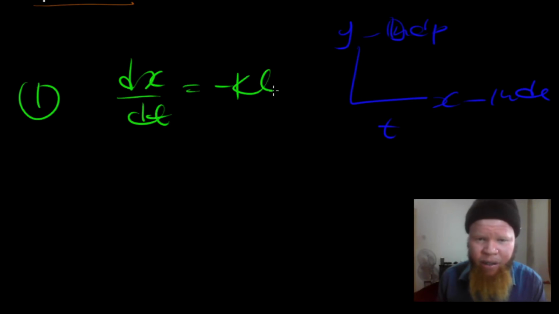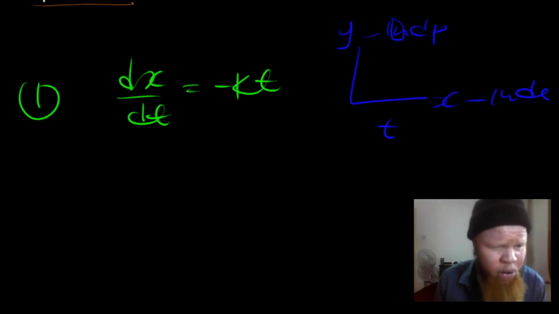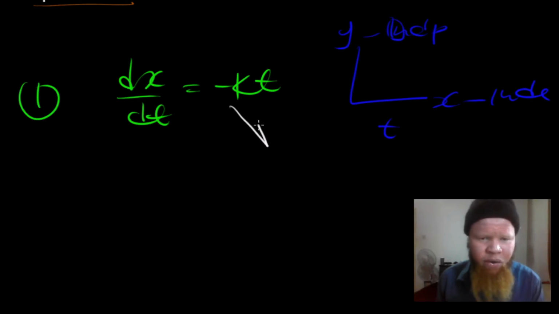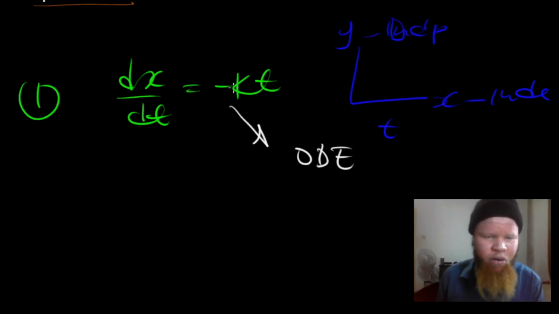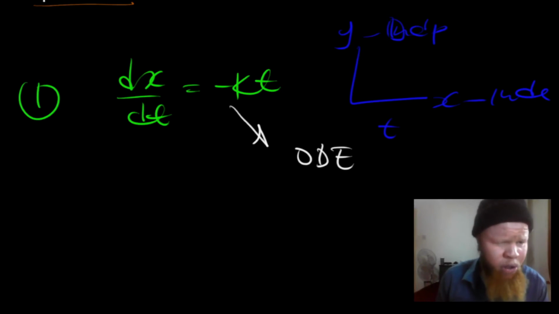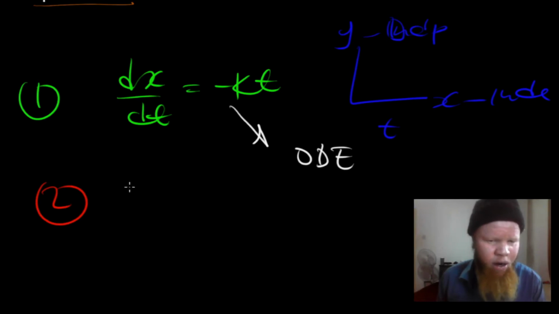This is an example of an ordinary differential equation because we only have one independent variable. This is an ODE, a separable ordinary differential equation. You will also learn what separable means, and you have this, for example.